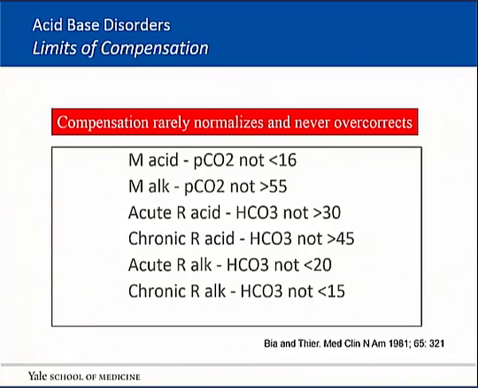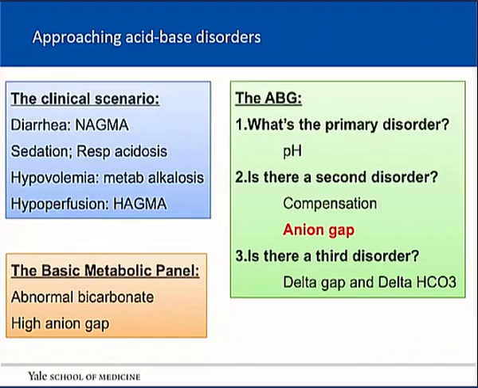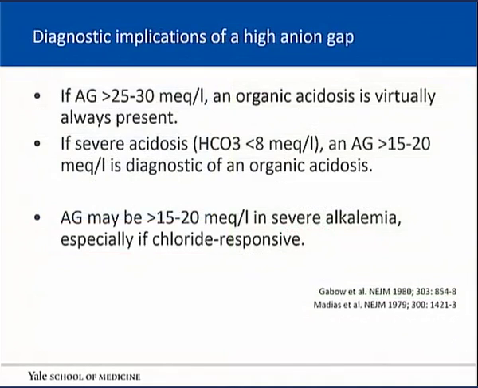So keeping in mind these limits of compensation is useful to make you think if there is another disorder associated with the primary one that you have. The second step in looking at whether there is a second disorder or not is looking at the anion gap. And the anion gap has the following implications.